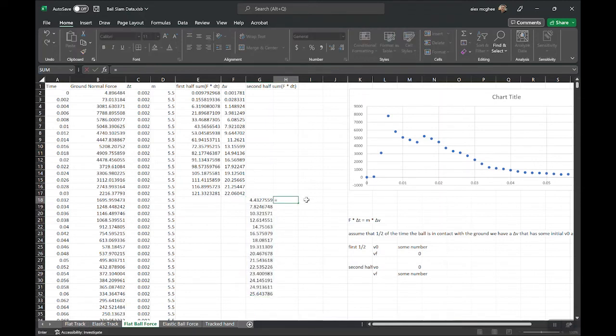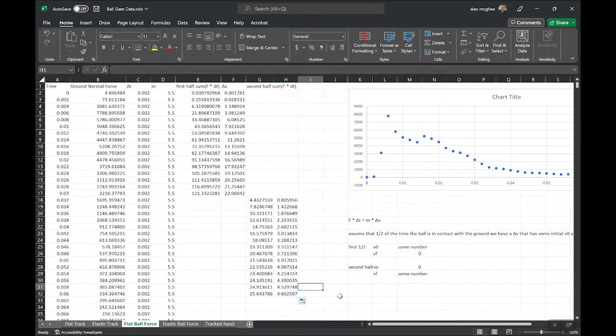We take this divided by our mass, and we get a V final of 4.6. So V final is 4.6, V initial is 22.06.